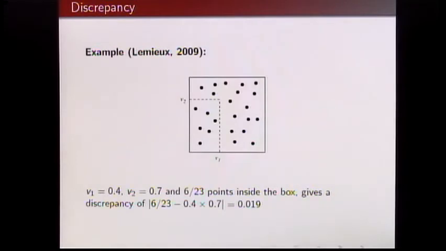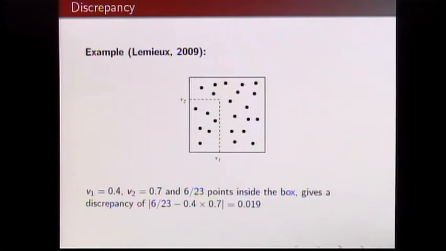So here is just an example. Dimension is 2. I take one of these boxes, so the first component here is 0.4, second component here is 0.7. Again, you're going to do all these boxes. They all have a corner at 0, and you're going to consider all of them, right? And take the supremum over that. So for this particular box, my sequence has 23 points. Only 6 of them happen to fall in here, all right?